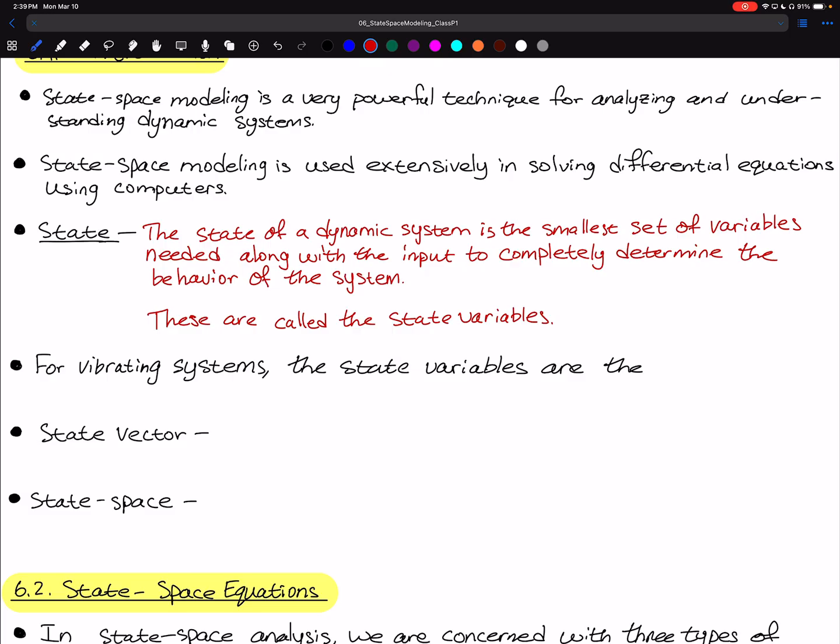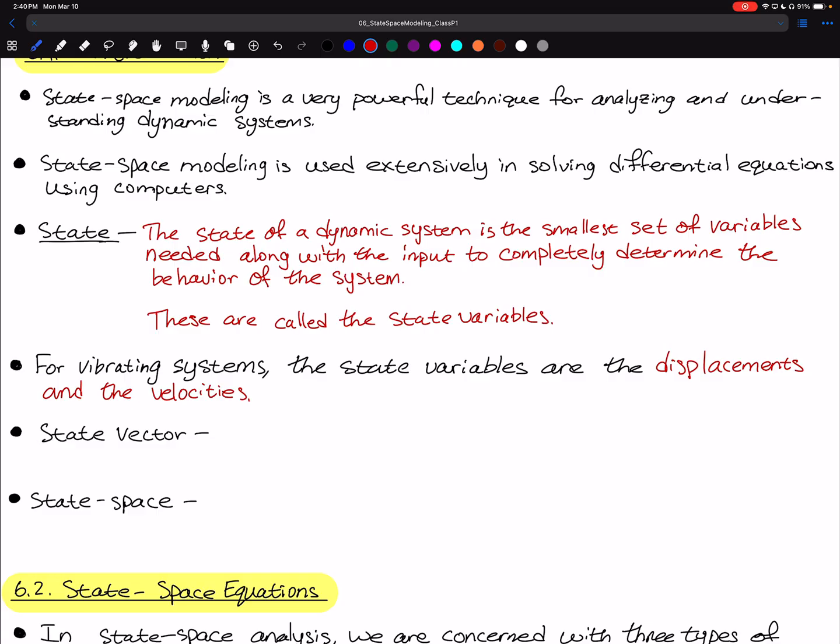Okay, and so for vibrating systems, the state variables are going to be the displacements and the velocities. You need to know both of those in order to completely determine the behavior of the system, plus the inputs as well. The displacements tell you where the system is at a given time.